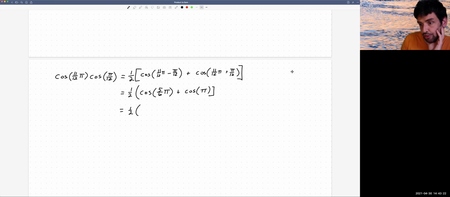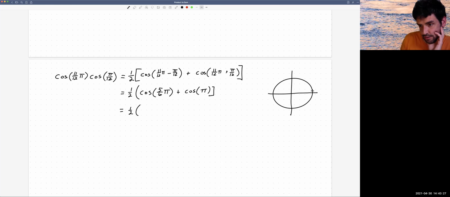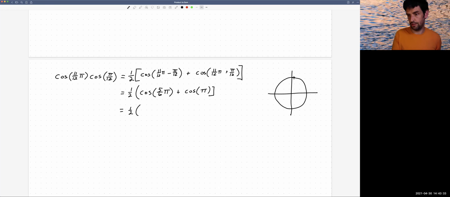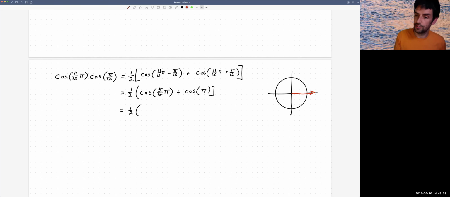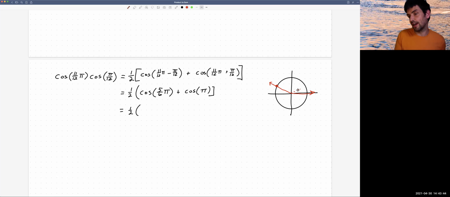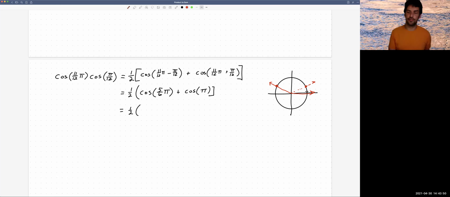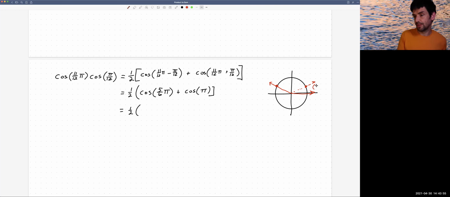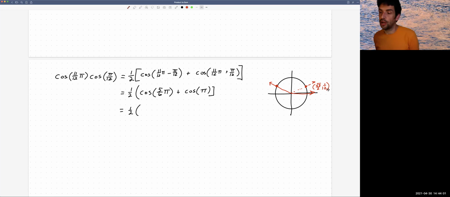So let's see, 5/6 pi. Just a reminder on our unit circle. Whoops, that's not a circle, that's more of an ellipse. Let's see if we can get this. There we go. 5/6 pi. Starting in standard position, that's somewhere over here. The way I think of these, I remember the first quadrant of the unit circle, and I know that pi over 6 has x coordinate √3 over 2, y coordinate 1/2.